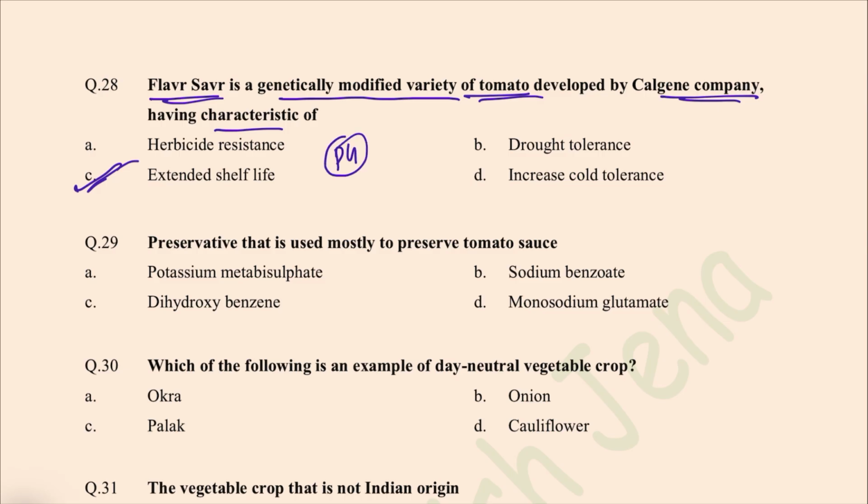PG is responsible for pectin degradation and fruit softening, so its suppression results in tomato with significantly extended shelf life.